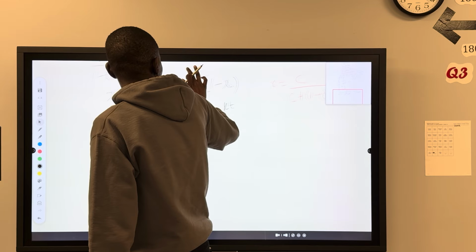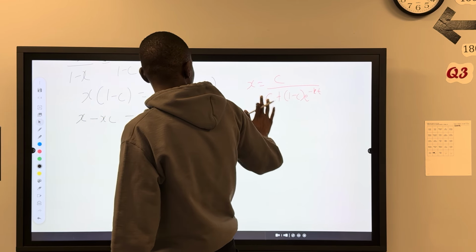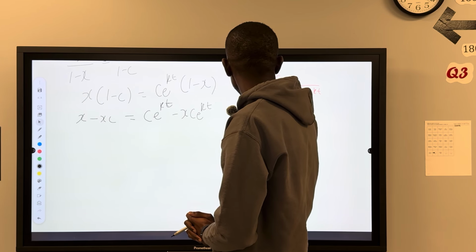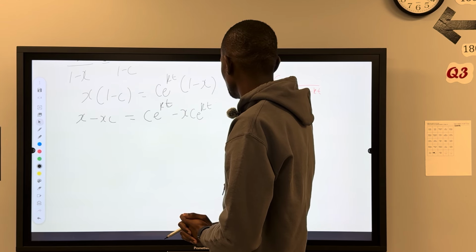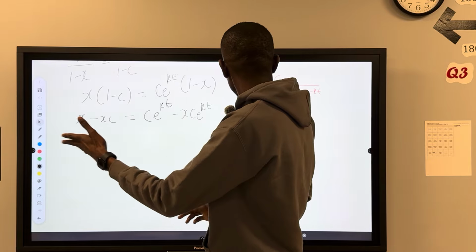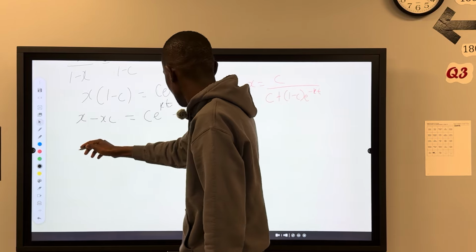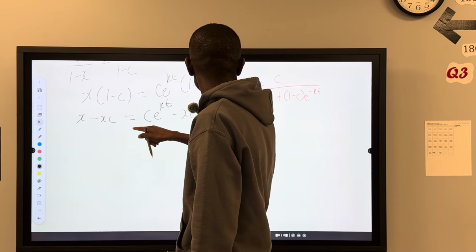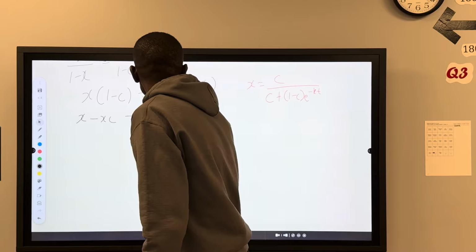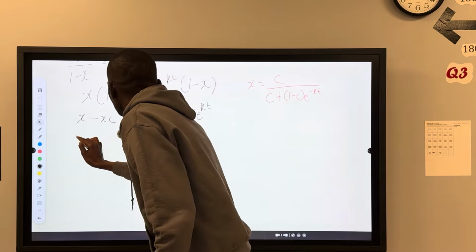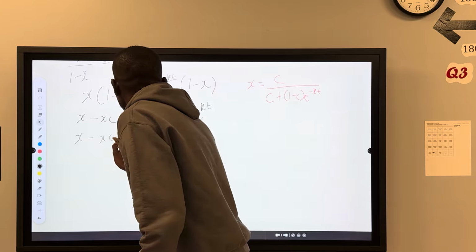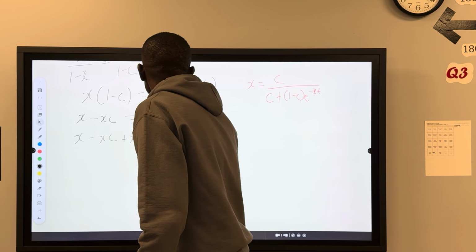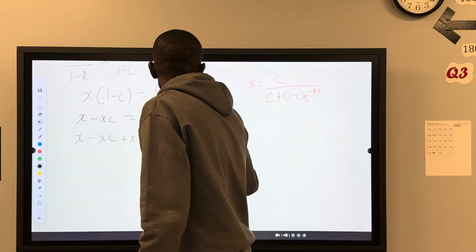From here, that's where we are trying to go, and we have this part here. So I can bring everything that has to do with x to the other side. So I will have x minus xc plus xc e to the kt equal to c e to the kt.